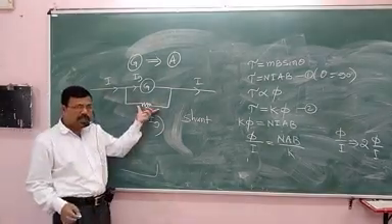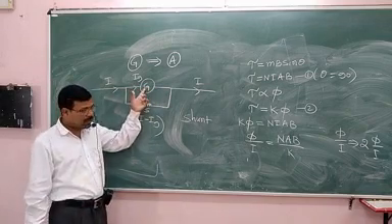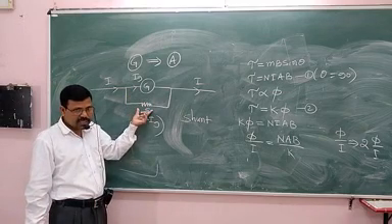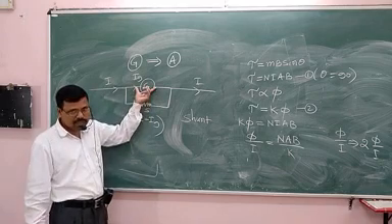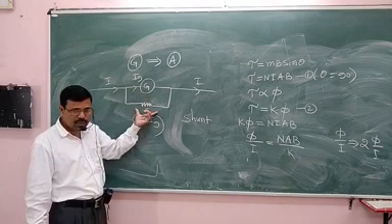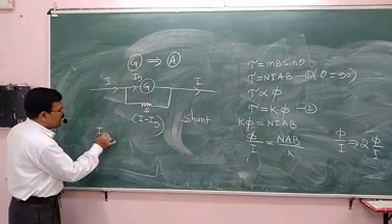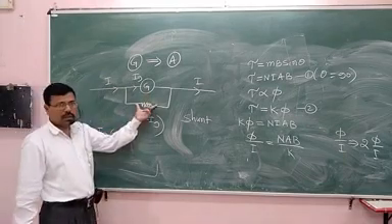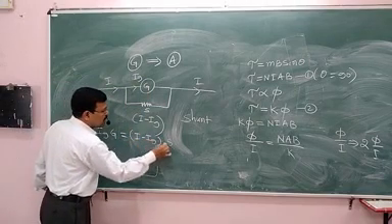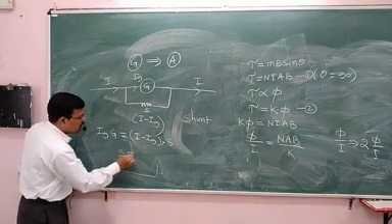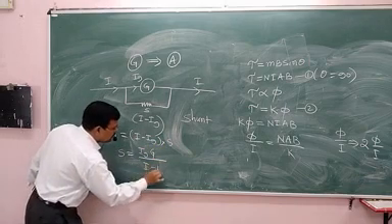As we know, consider the potential difference across S and G. G is the resistance of the galvanometer, S is the small resistance. They are parallel. The potential difference across two parallel resistors is always the same. V across G and V across S are the same. V means current into resistance. That is Ig into G, and here, I minus Ig into S. So S is equal to Ig into G divided by I minus Ig.